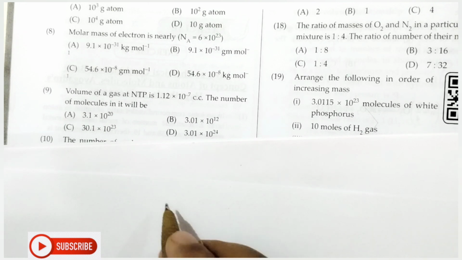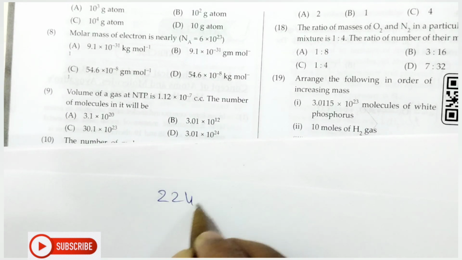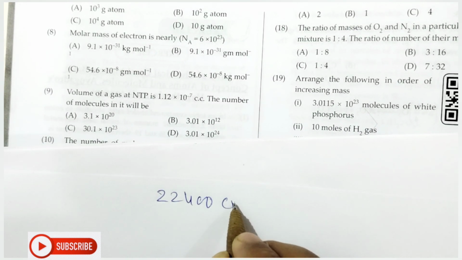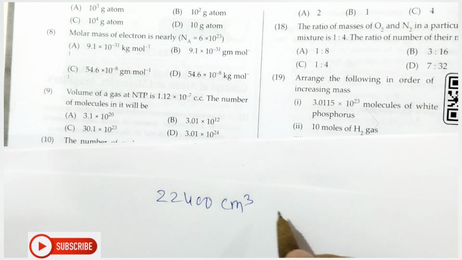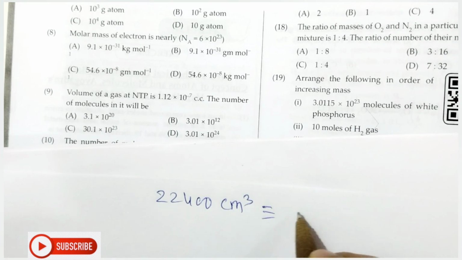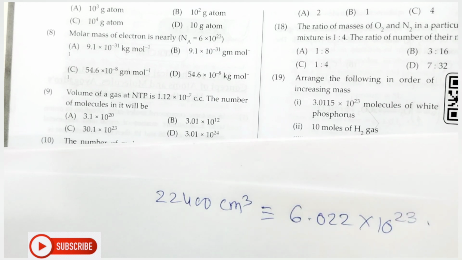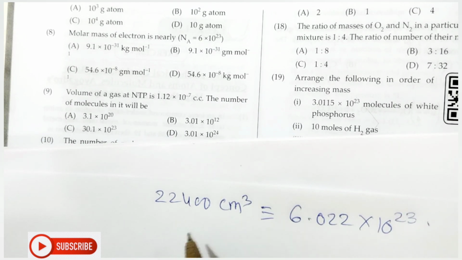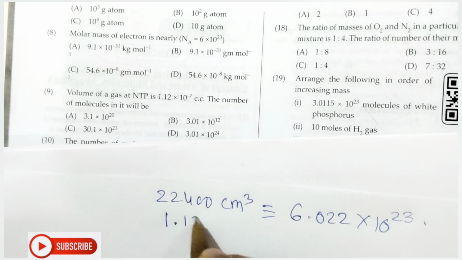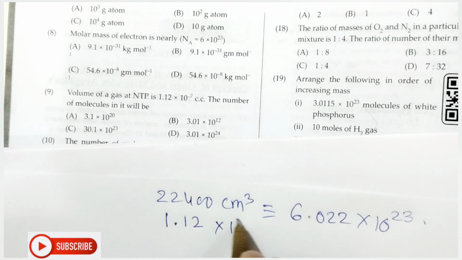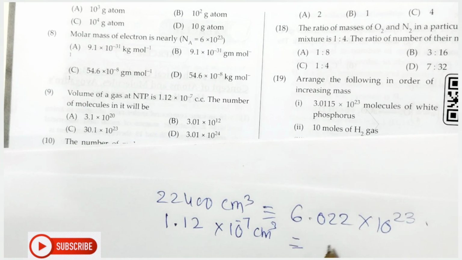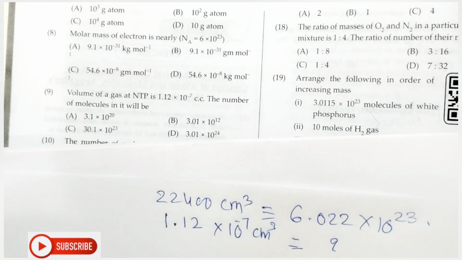You know that 22400 cc or cm cube of the gas must contain Avogadro number of molecules, right? Therefore, the given volume, 1.12 into 10 raised to minus 7 cubic centimeter, will correspond to how much? What will be the number of molecules?